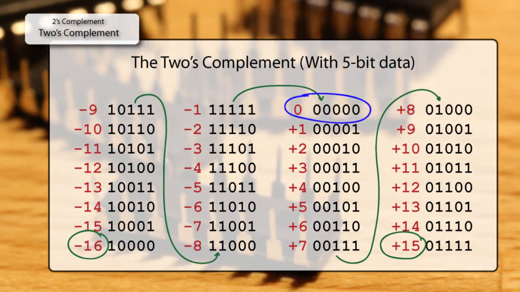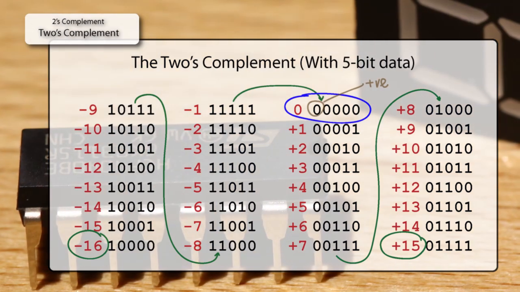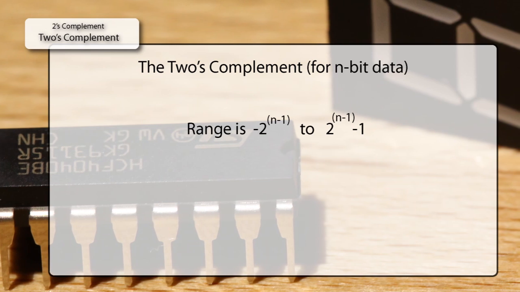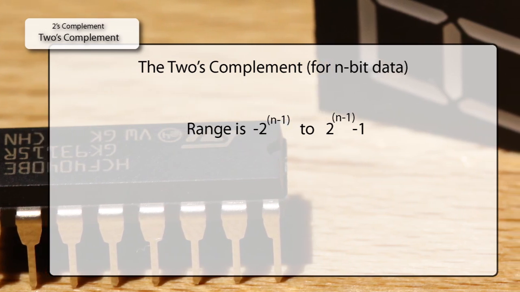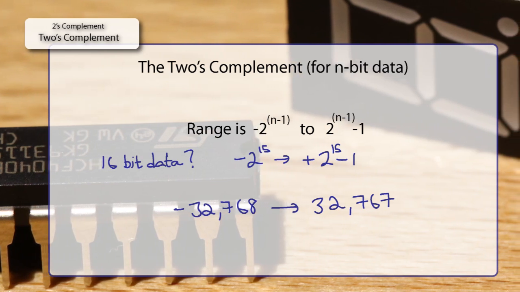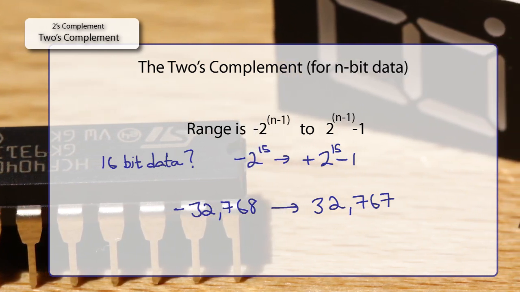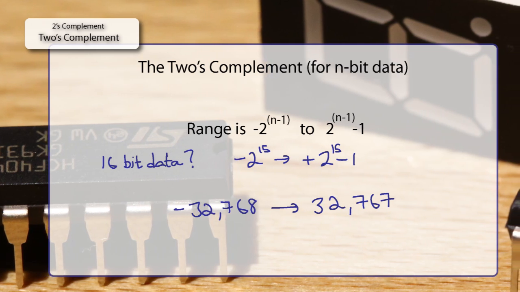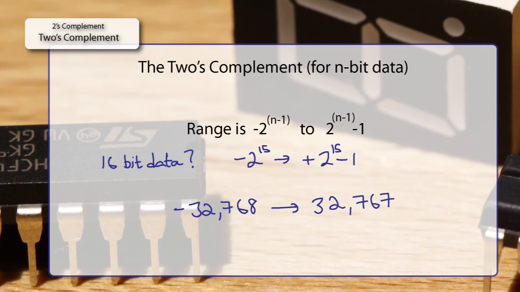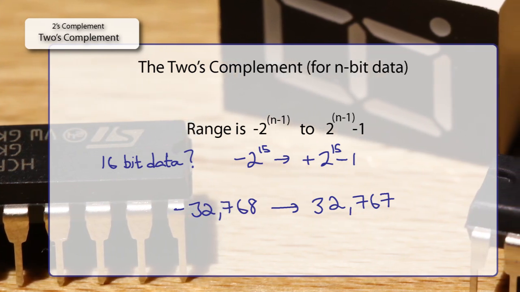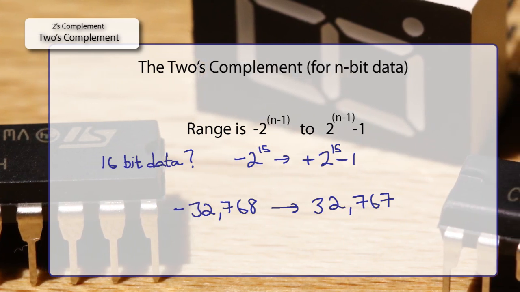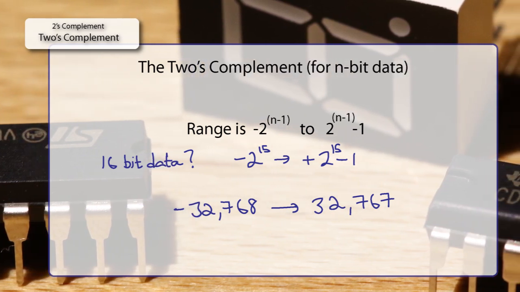This is because the 0 value is assumed to have a positive sign, using up one of our positive number states. This would be true for a 16-bit computer. For example, representing signed integer values, it will be able to represent minus 2 to the power of 16 minus 1, so minus 2 to the 15, to plus 2 to the power of 16 minus 1 minus 1, so 2 to the power of 15 minus 1, which is minus 32,768 to plus 32,767.